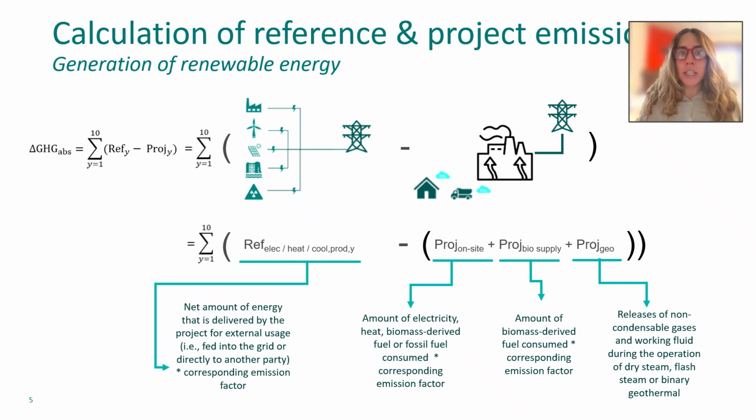The absolute GHG emissions avoidance for a renewable energy generation project without carbon capture component is calculated by the difference between the reference emissions and the project emissions, where reference emissions will be equal to the GHG emissions that would occur to produce the amount of energy displaced by the renewable, but using the conventional technology, and shall be calculated by multiplying the net amount of energy that the project will generate by the corresponding emission factor mentioned in the previous slide.